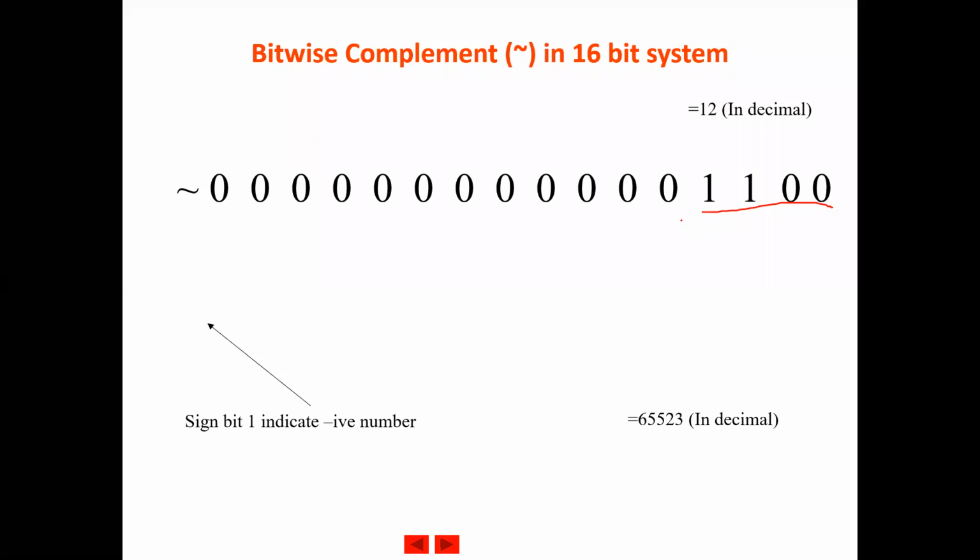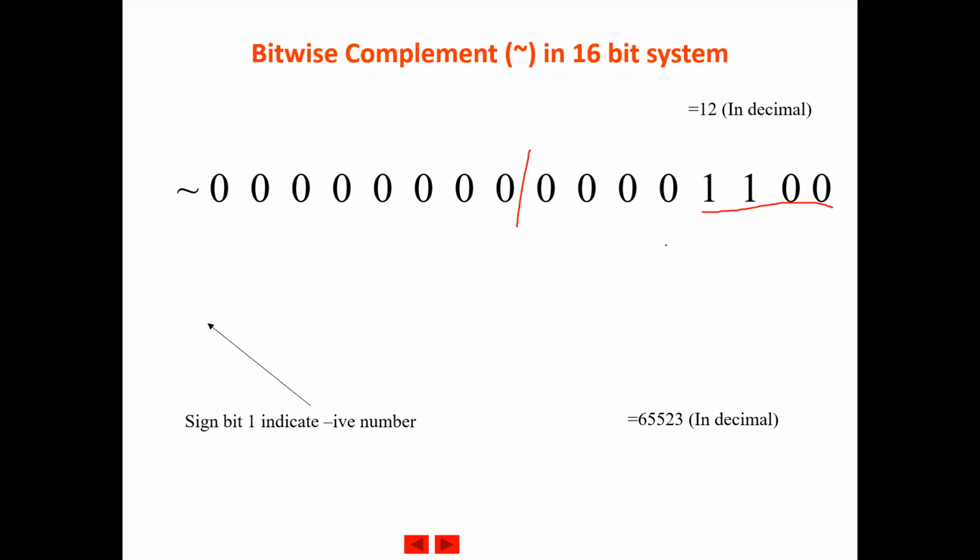But when we are representing it in a 16-bit system, that day in the previous example I was using only 8 bits. When you use 16-bit, the remaining bit positions will be 0. And when we write 12, it will be just 1100, right? Anyone is listening here?